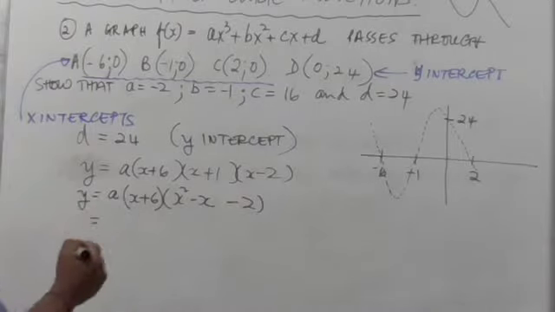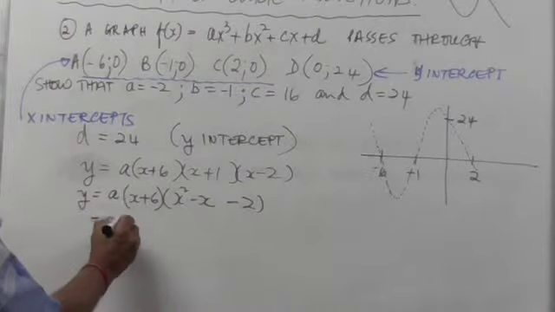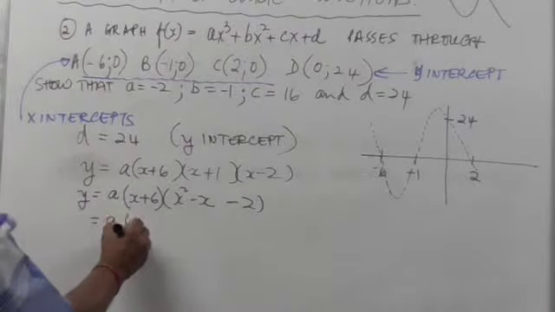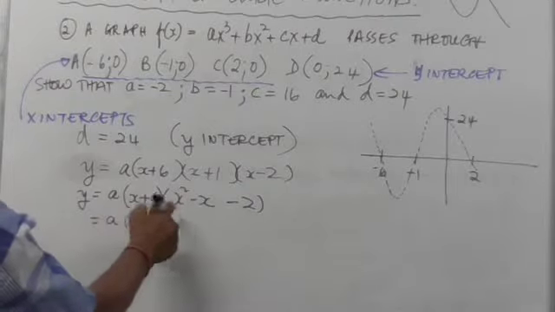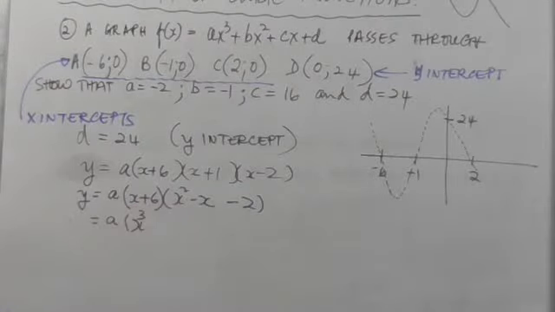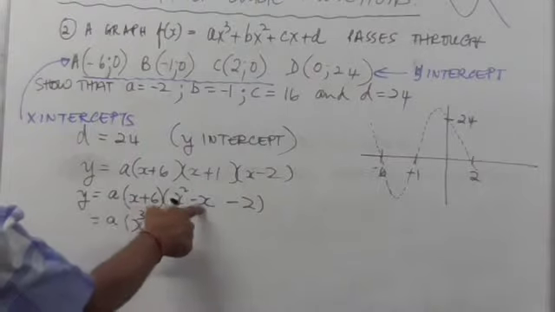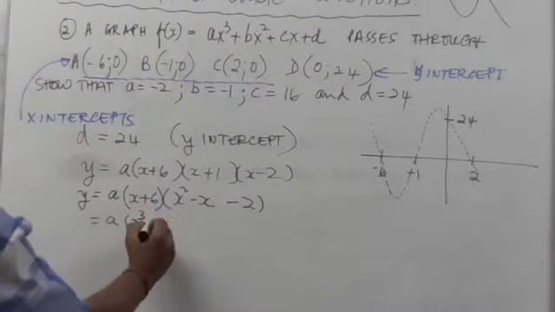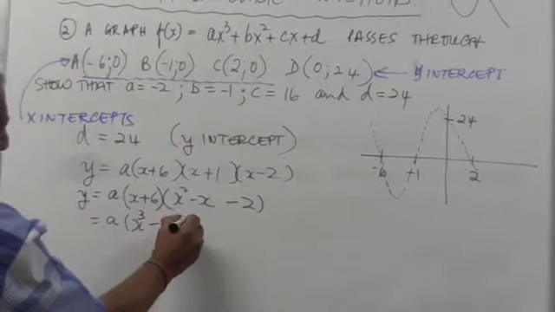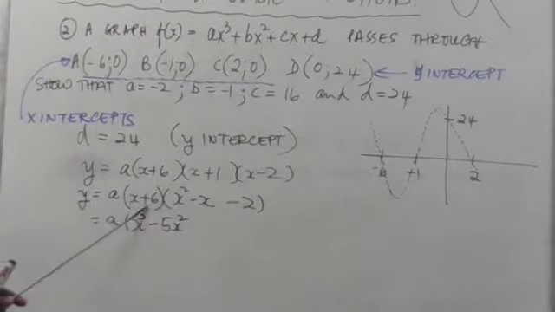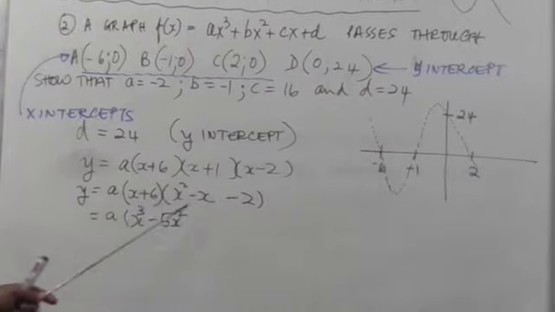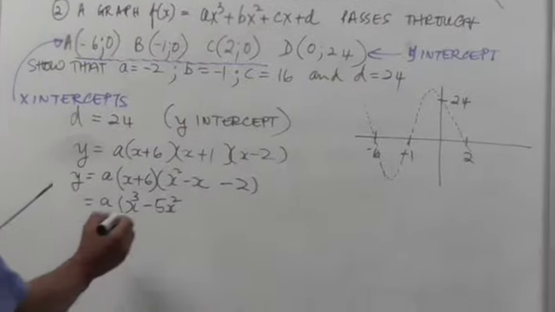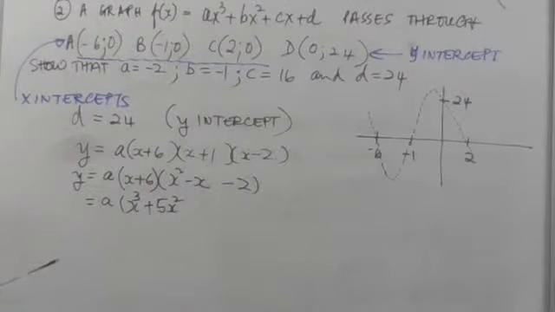And if we simplify this more, we'll get y is equal to a into x times x will give you x cubed. X times minus x will give you minus x squared plus 6x squared will give you 5x squared. Let's check. Plus 6x squared minus x squared will give you plus 5x squared.